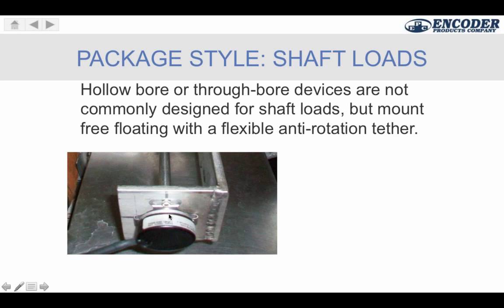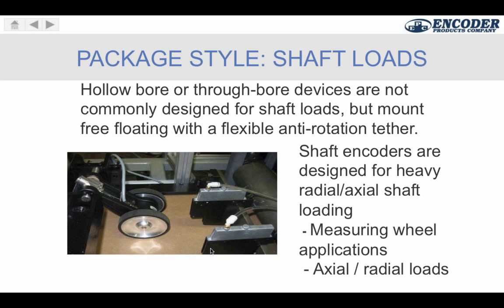And so hollow bore encoders and through bore encoders in general are not designed to carry a load. They're instead designed to float freely on a flexible anti-rotation mount that you see here. So in this case, the encoder is carrying a load that it wasn't intended to, and that's over the long haul going to greatly shorten the life and the operational accuracy of that encoder.